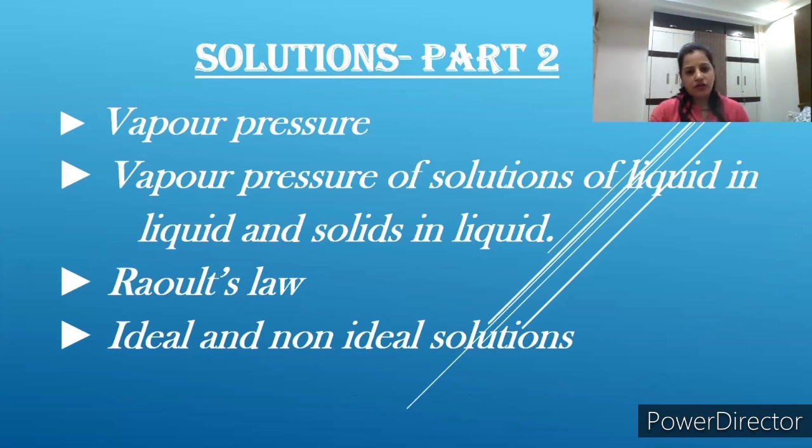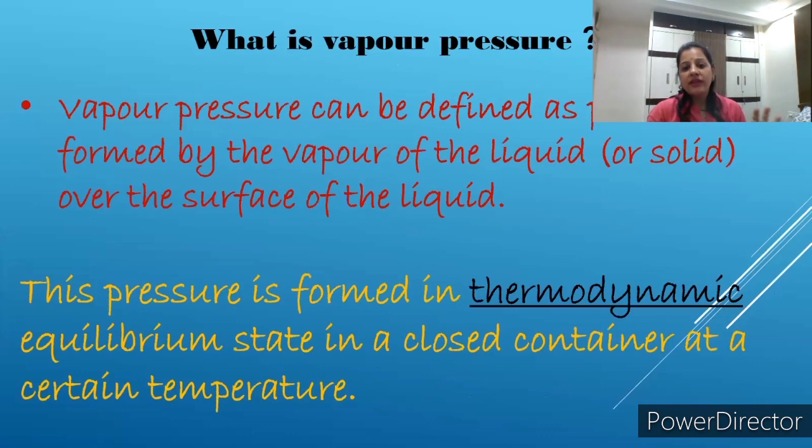Now vapor pressure, the word itself gives the meaning. Vapor pressure means the pressure exerted by the vapor. So it can be defined as the pressure formed by the vapors of the liquid over the surface of the liquid.